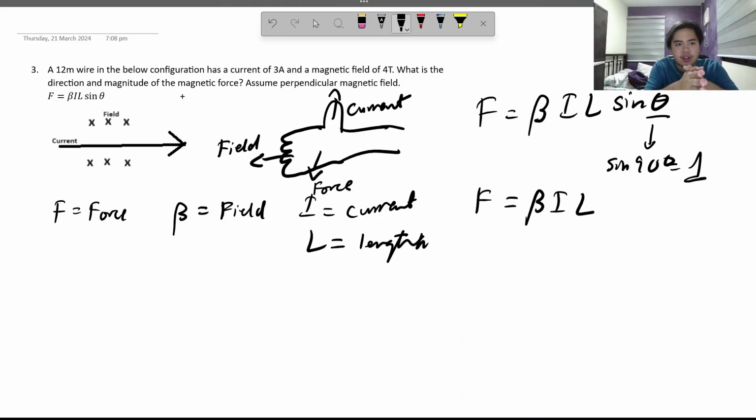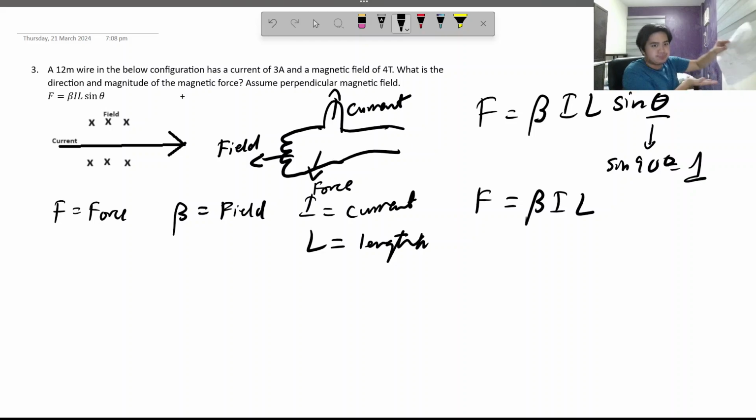So let's do this. The current, in my view, is going that way. The field is going X, which is into the page. If you're looking at a piece of paper, the X denotes that it's going into the page. If it's a dot, it means it's going out of the page, toward me. Since it's X, it's going into the page.